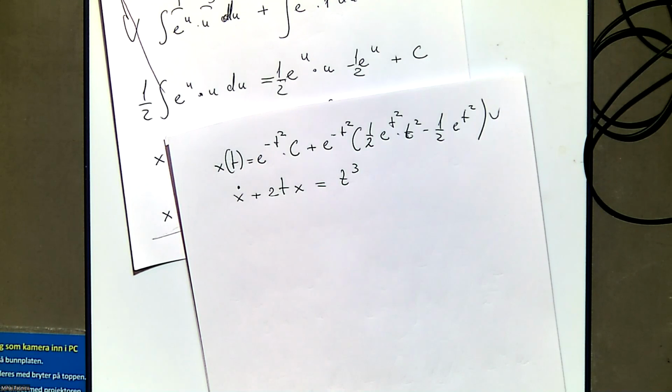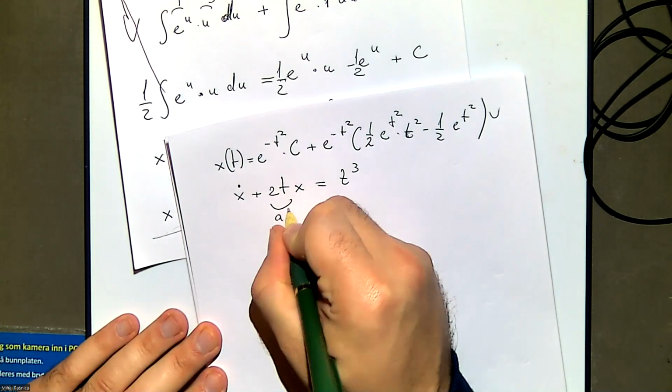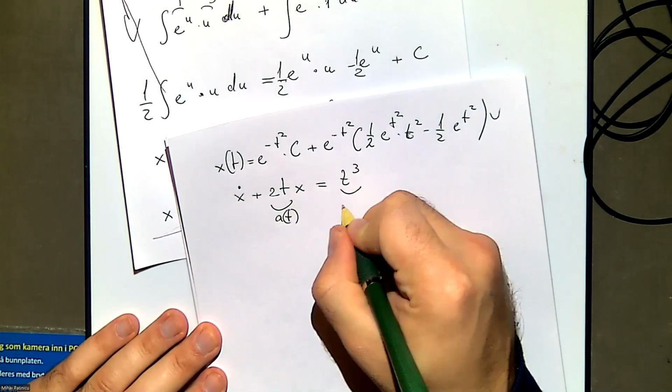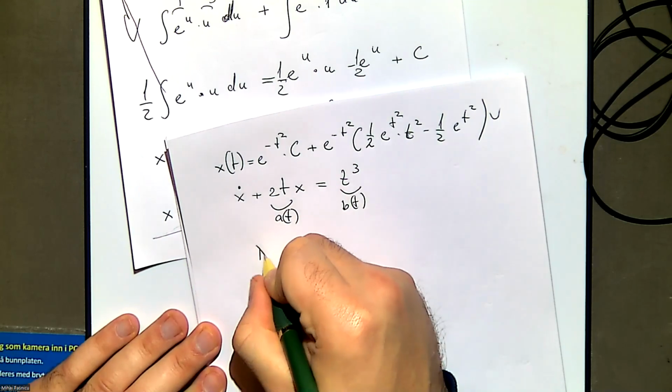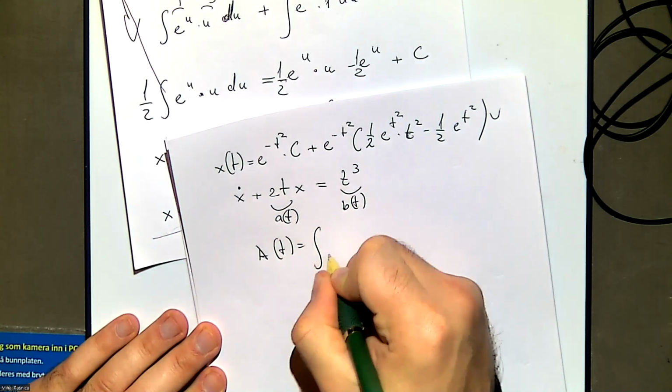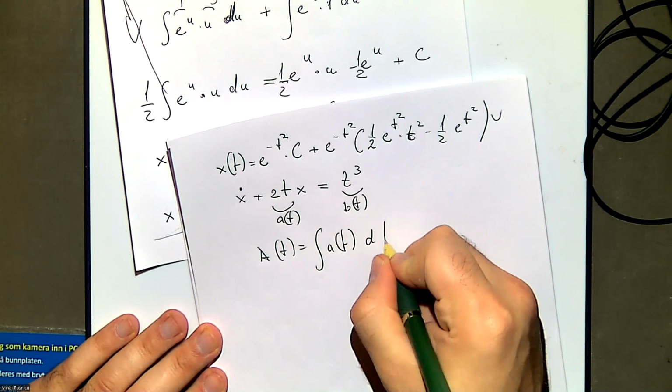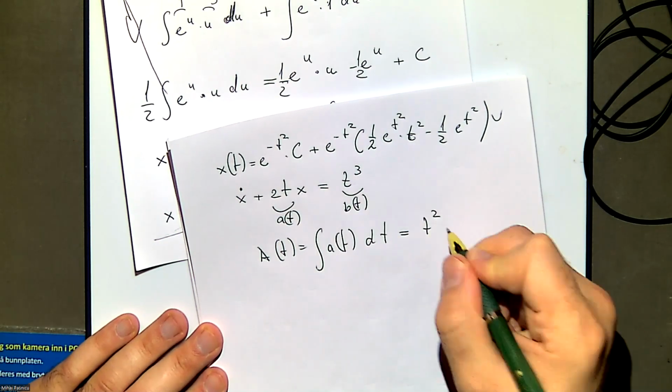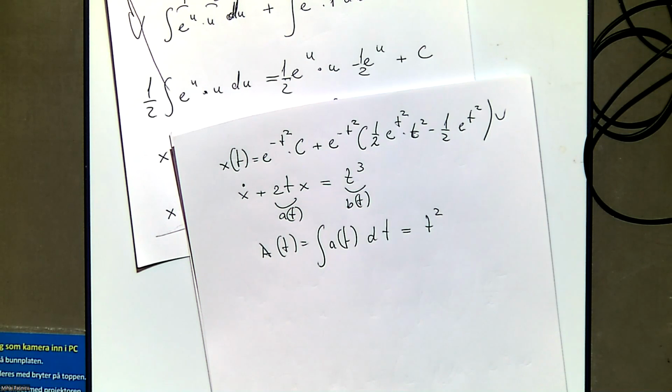The theory just told us that this is a of t, this is b of t. We computed big A of t, the integral of small a of t dt, which was just t squared, and then we plugged in the formula, and then we were stuck with solving an ugly integral.